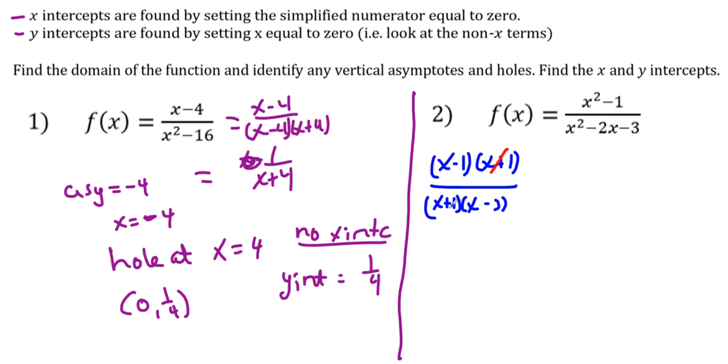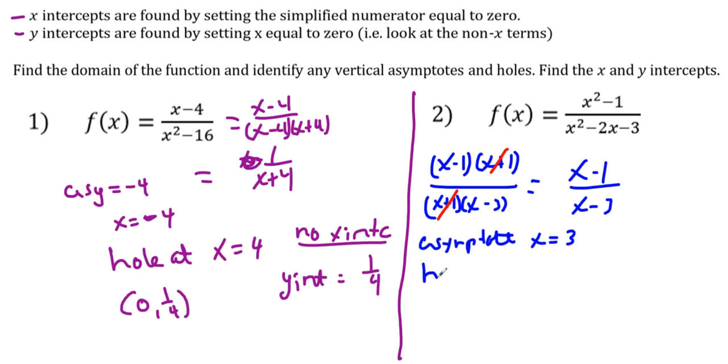This right here cancels with that. All right, that creates a hole. But our simplified rational is x minus 1 over x minus 3. So we have our asymptote of x is equal to 3. And we have a hole at x is equal to negative 1.